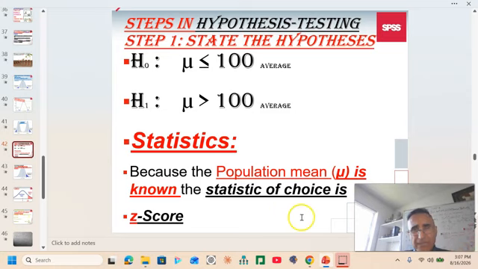In this case, we're saying that our mean is going to be greater than 100. The null says no, the null says the opposite. It says it's either going to be equal or less. I don't think so. It's going to be the same, 100, or less than 100. But again, it depends.